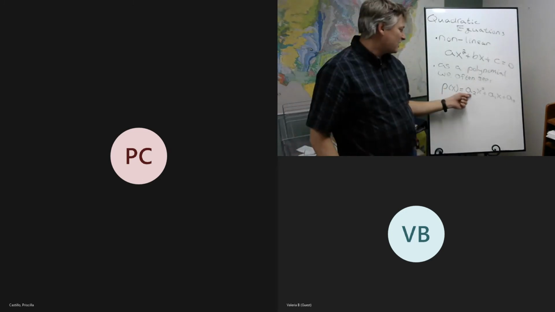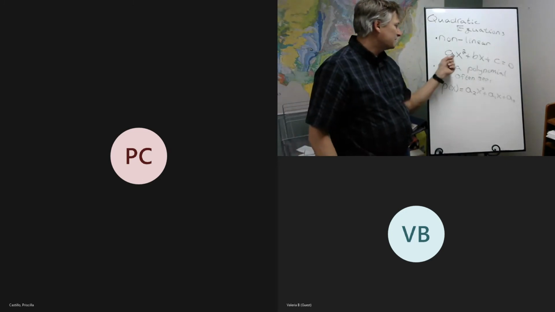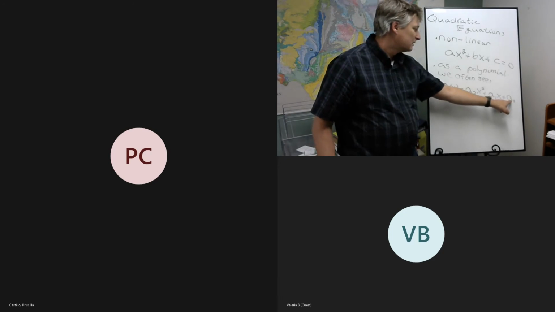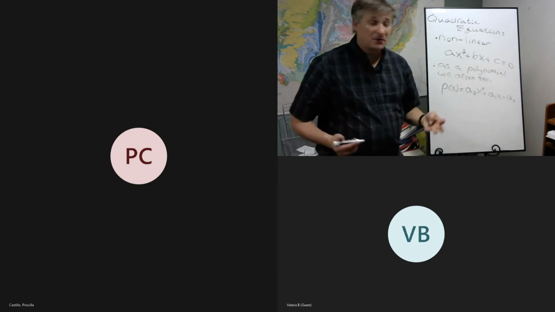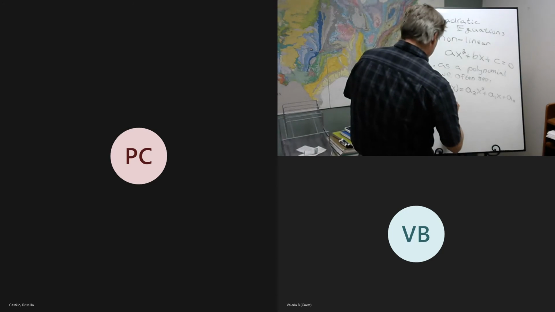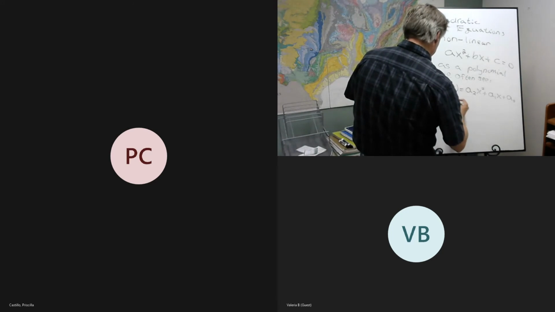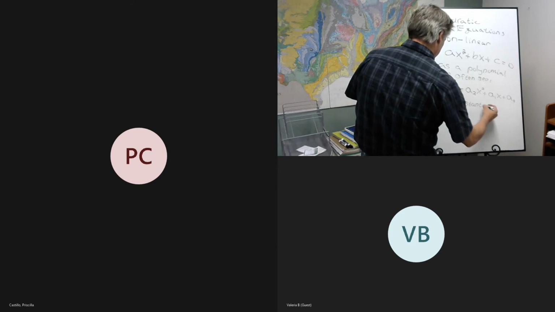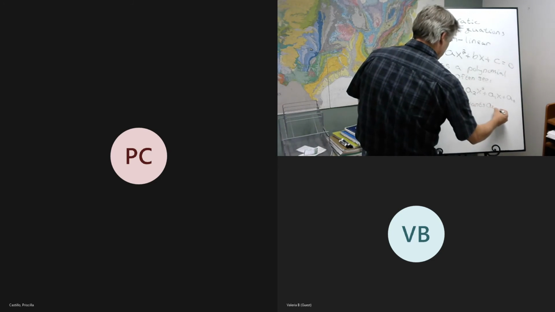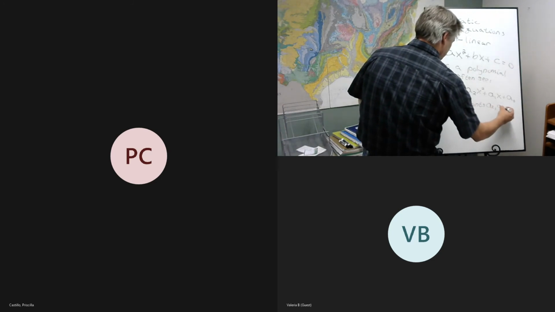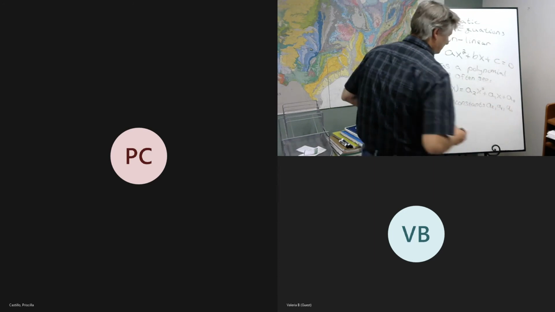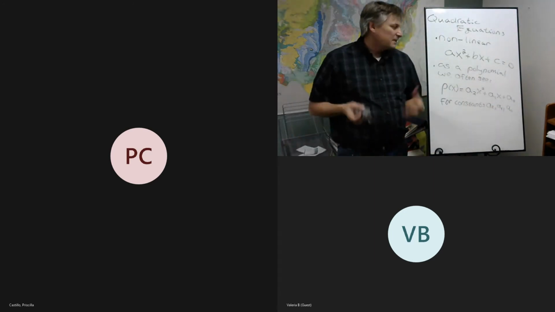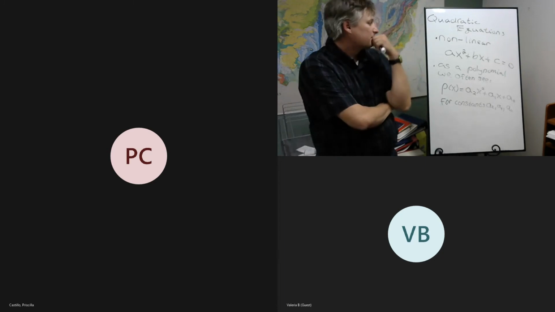So it still has a constant and an x squared, a constant and an x, and a constant by itself. So these are all polynomials.